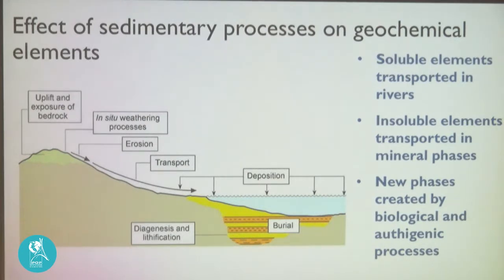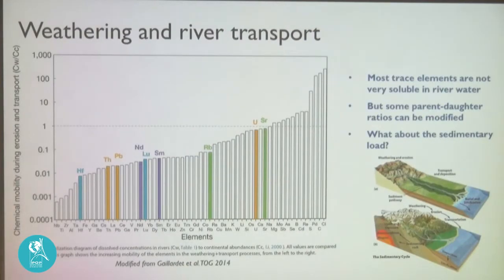And that has an impact for the general cycle. Here is a picture that I stole from Jérôme's chapter in the Treatise on Geochemistry, where he shows a whole list of elements, a very big list, and they quantified the chemical mobility during erosion and transport.